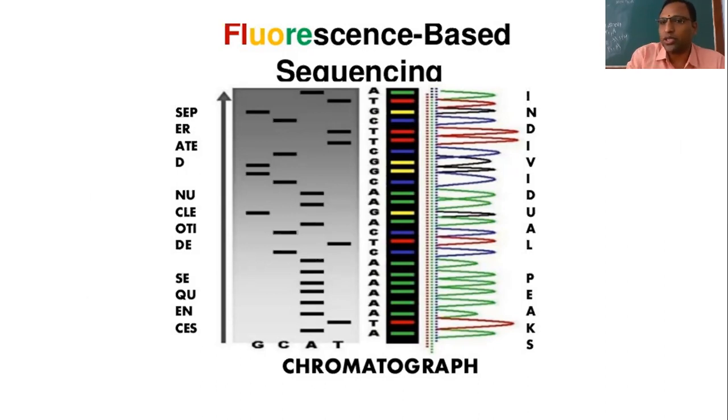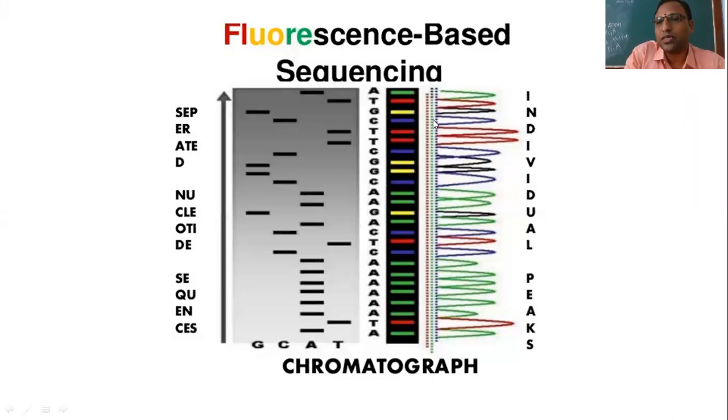After running it in the agarose gel, we can take the particular DNA band which is available, and we can go for the sequencing, or you can give it for the complete sequencing of the particular sample which you have got, and based on that you can go for the analysis.